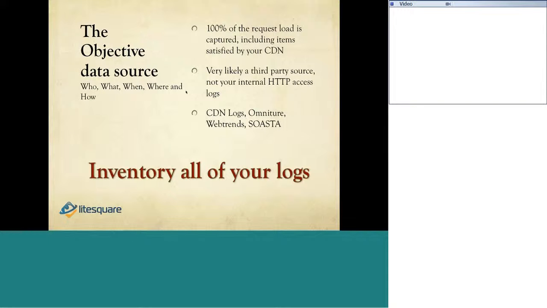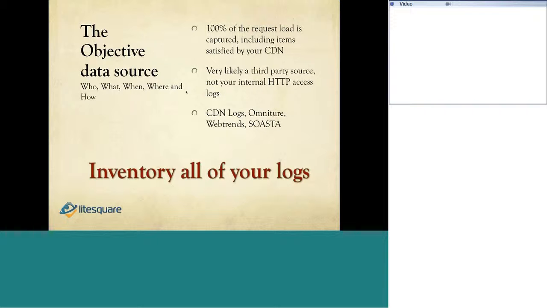And as a tip here, before you decide which one is going to be authoritative, take an inventory of all your data sources that you have in your enterprise. That can be from your application servers, HTTP access layer. It can be from your web servers. It can be from your CDN tier. It can be from the marketing information that's being collected by companies such as Omniture, WebTrends, or SOSTA, and it can also be the CDN logs.